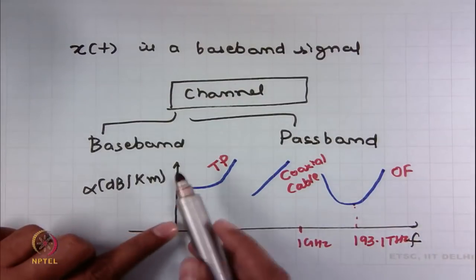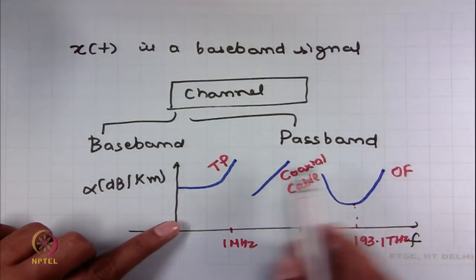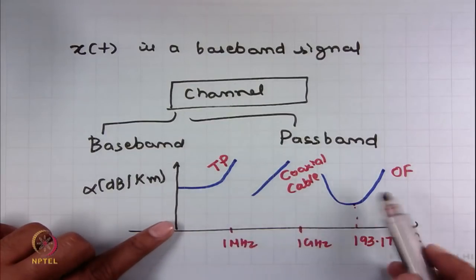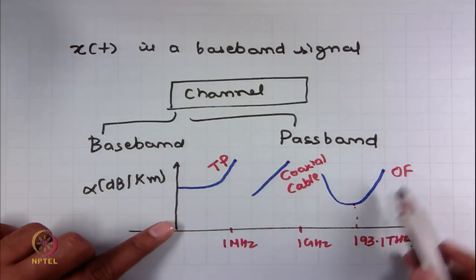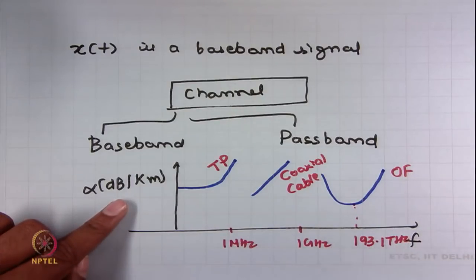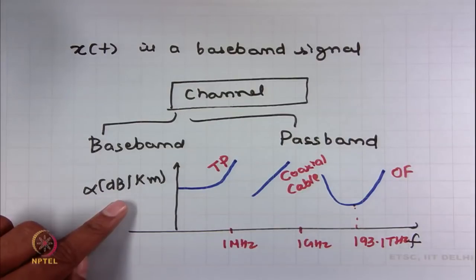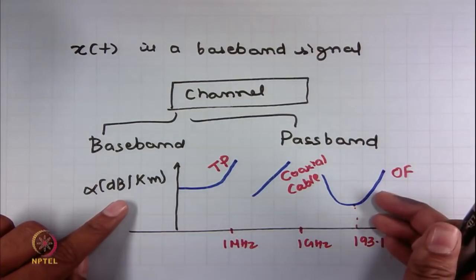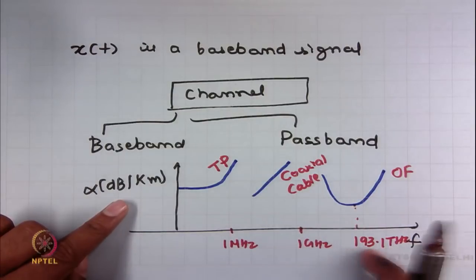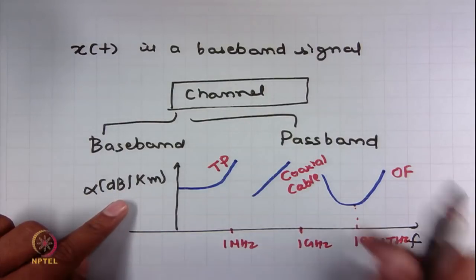If you look at the attenuation versus frequency profile of three important wired channels, you will see that optical fiber has a low loss at around 193.1 terahertz. That means it is a passband channel, because it only allows frequencies around this range to pass through.